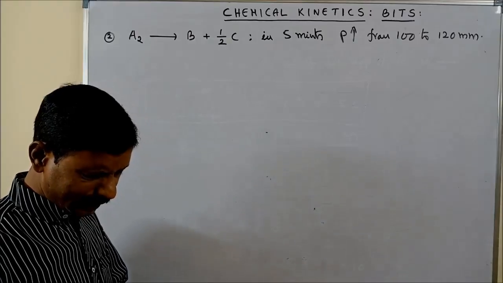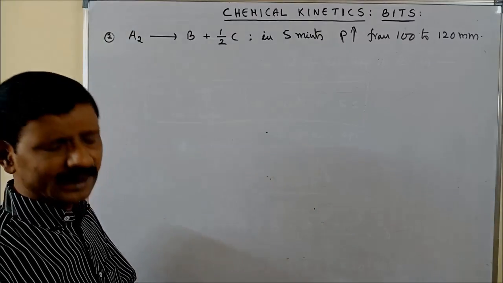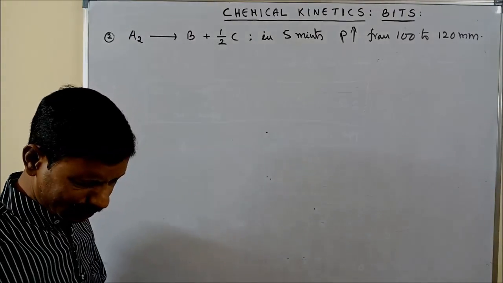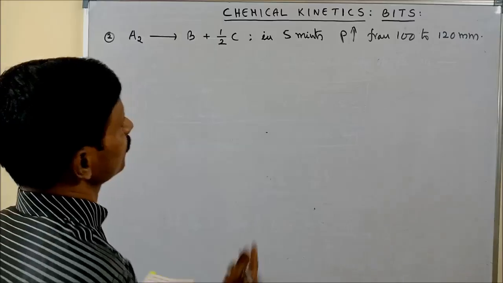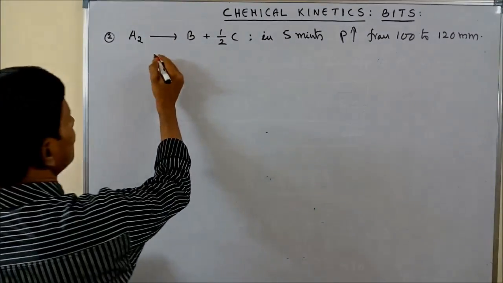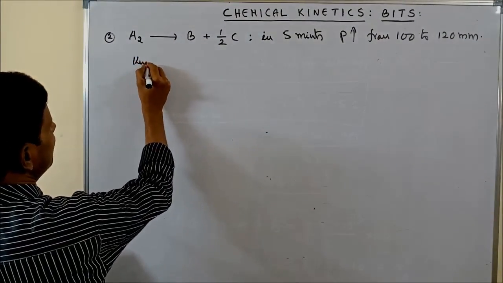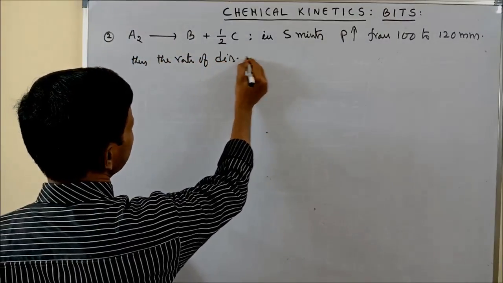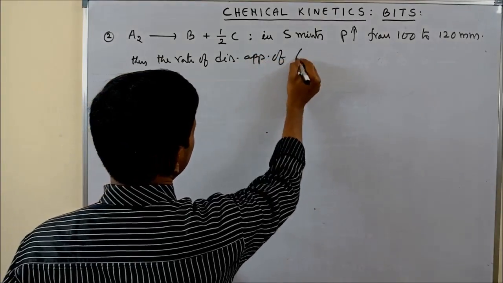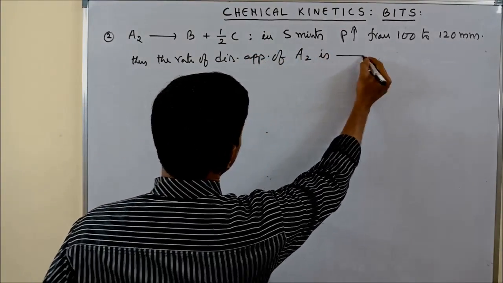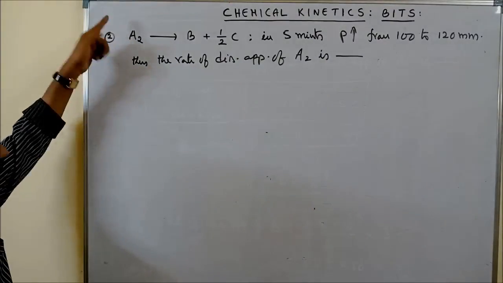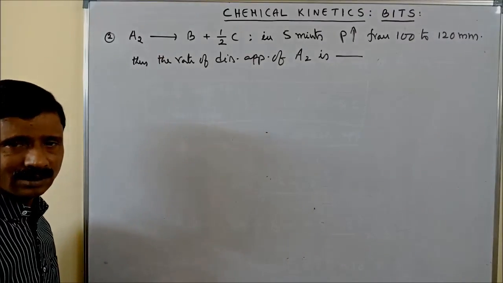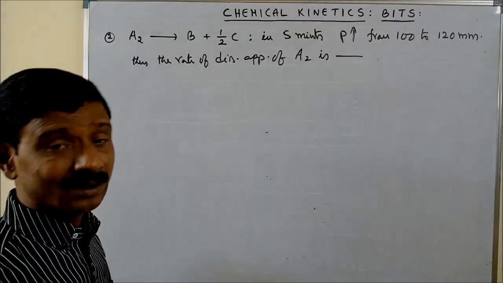Now, what is the rate of disappearance of A2? Here, since it is one mole, its rate of disappearance is nothing but the rate of reaction. Like that, sometimes they directly ask what is the rate of reaction.